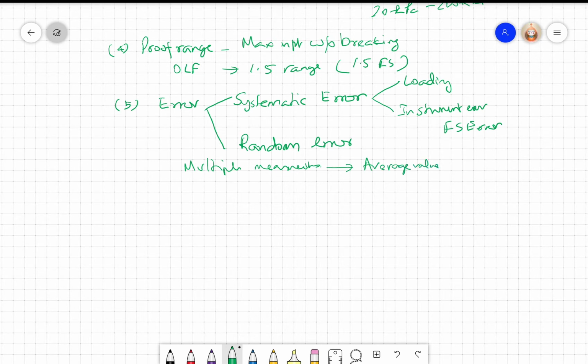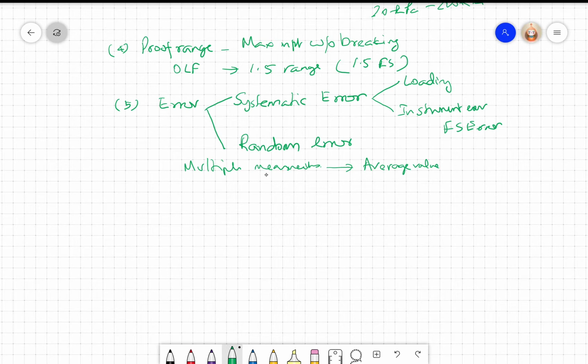And in the last class, we saw that the average value is the best value for two reasons. Number one, the sum of the deviations of individual values from the average value is 0, and the sum of the squares of the deviations is minimum, right? That is why we take the average value.